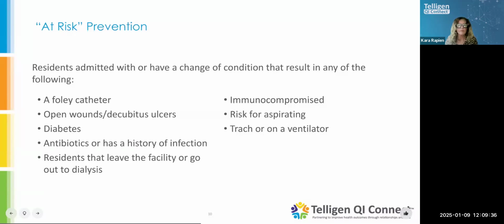All of those residents that leave your facility, maybe go out to dialysis, those that are immunocompromised, if you have trachs or ventilator units in your facility, those at risk for aspiration, they're also going to be at risk. So really take a deep dive into your current program, and if you don't have one, really look at implementing one. And like I said, these are just some examples of areas that you should look for in those risk factors. Next slide, please.